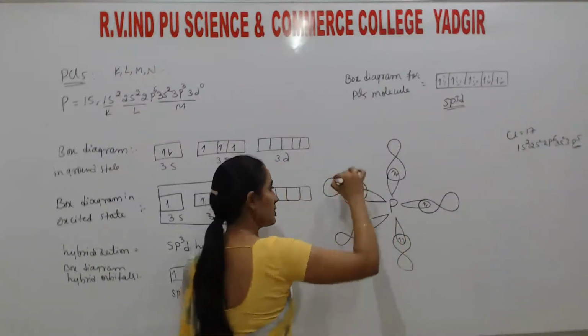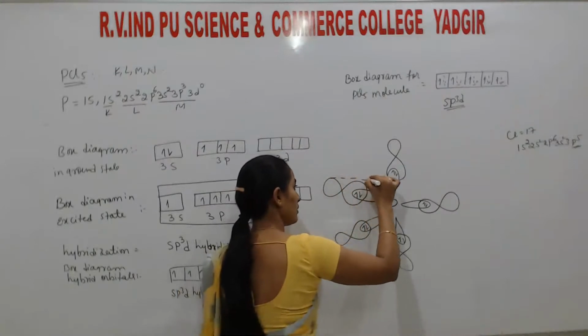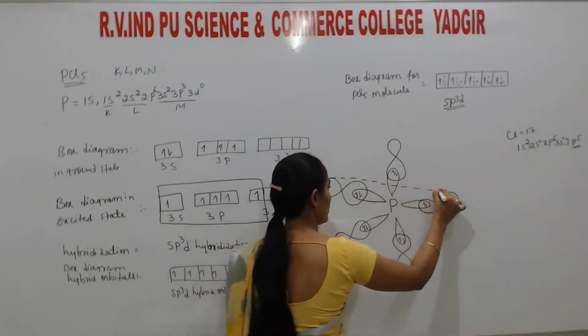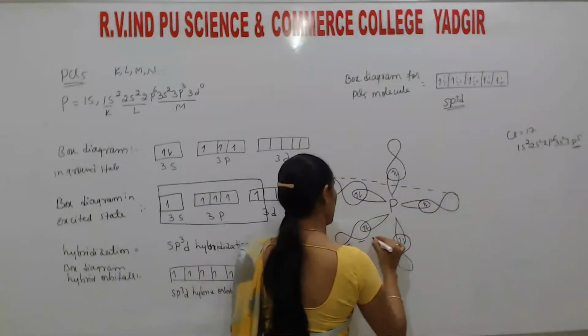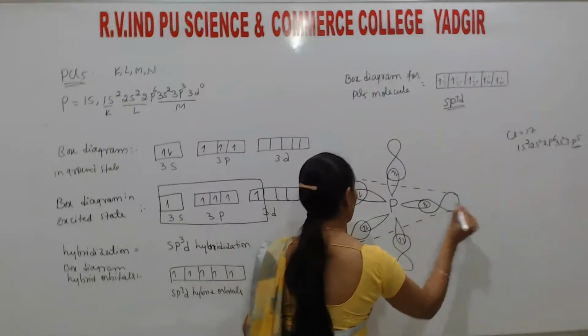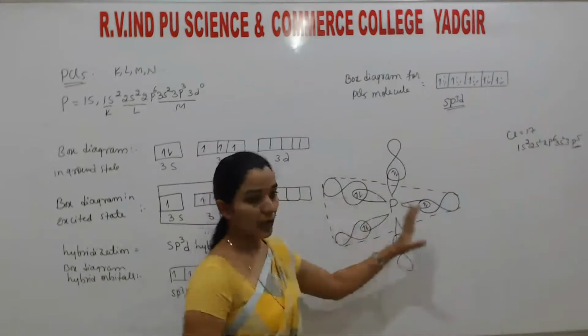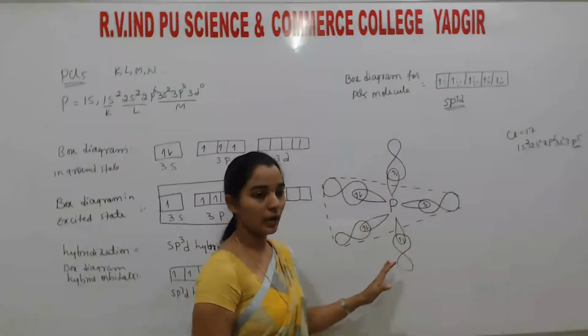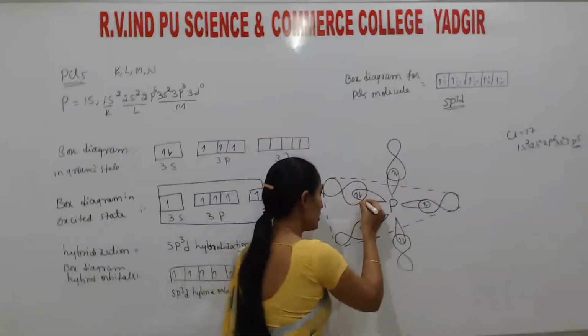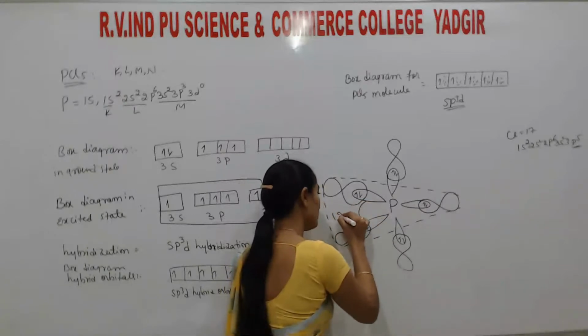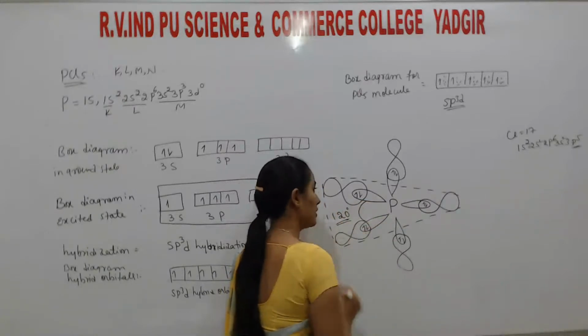Now, if you draw the structure, this is in the shape of a triangular bipyramid. Here the bond angle is 120 degrees.